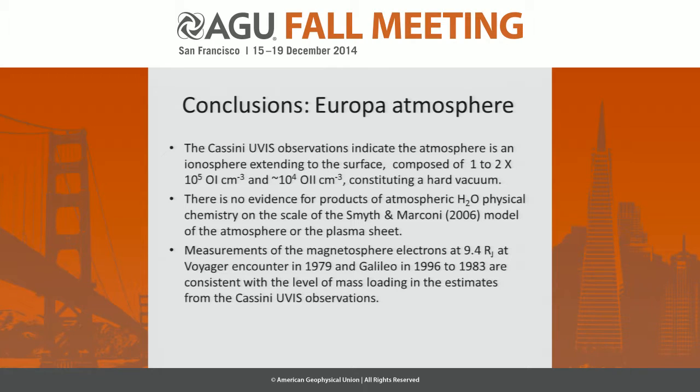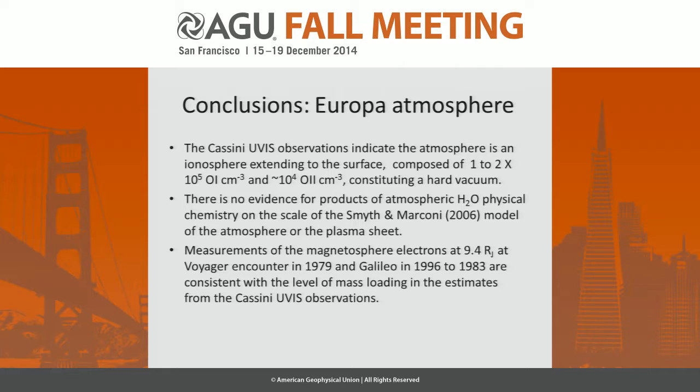So there we are. We've got 1 to 2 times 10 to the 5 atomic oxygens at the surface in this analysis, and 10 to the 4 O plus comes primarily from Cleora, but we're in basic agreement with that in terms of upper limit on the O plus emission.